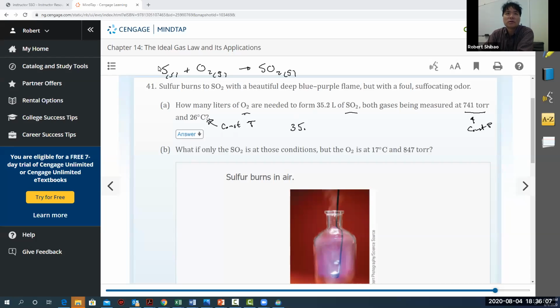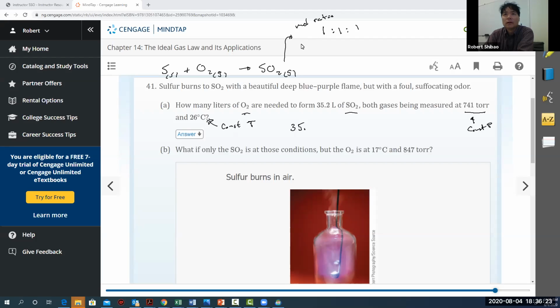So we read this equation in different ways. This is the mole ratio. And the mole ratio is always true. The mole ratio is 1 to 1 to 1.